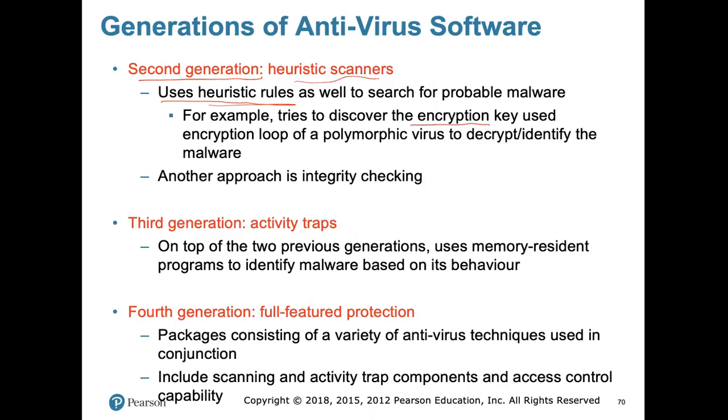They try to find the encryption portion of the code. If this is a virus or a worm code, there should be at some place some encryption routine that encrypts the code, because at the end of the day you have some code and you want to encrypt it. One portion of this code should be related to the encryption.